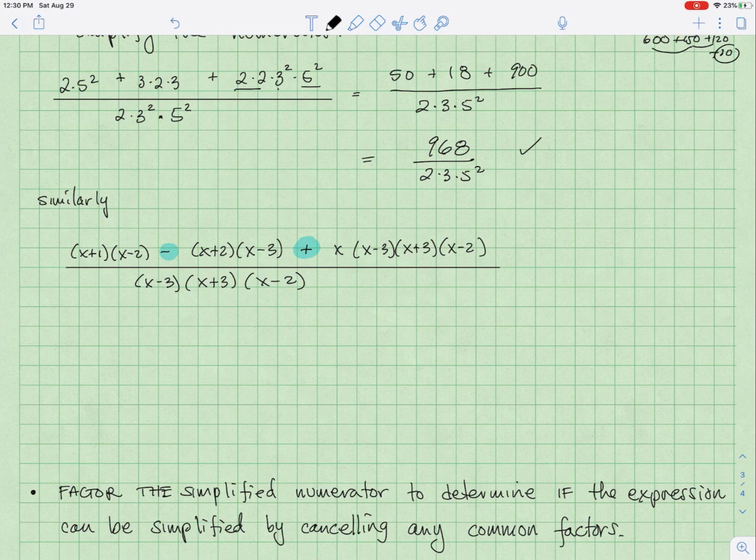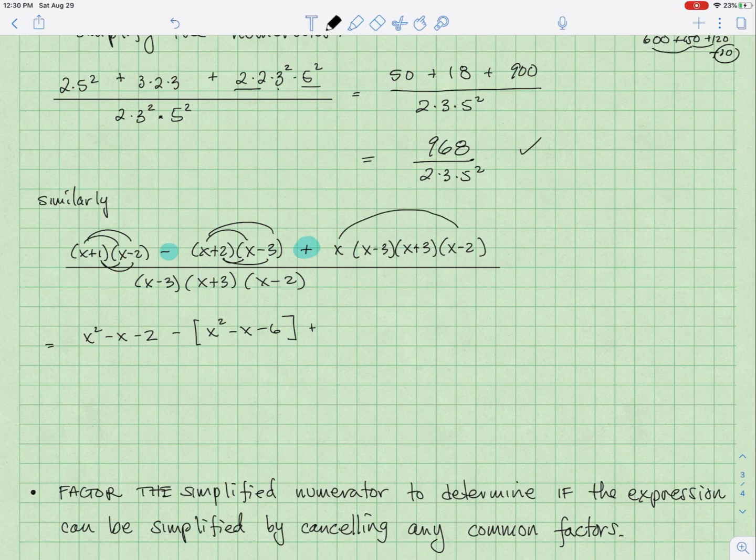So similarly, we've got to do a bunch of foiling here. So let's see, this is x squared minus 2x plus x is going to be a minus x minus 2, minus the quantity x squared minus 3x plus 2x is going to be a negative x minus 6, plus, I'm going to group these together a little bit differently.